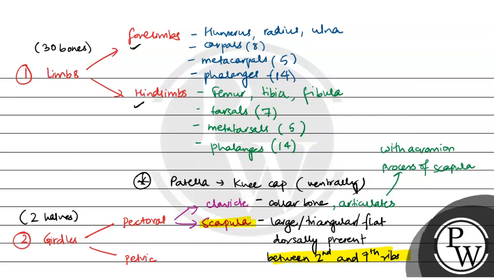Clavicle जो होता है, हर एक clavicle are long cylindrical bones. They are not flat and they also contain 2 curvatures. हर एक क्लैविकल में 2 कर्वेचर होता है.